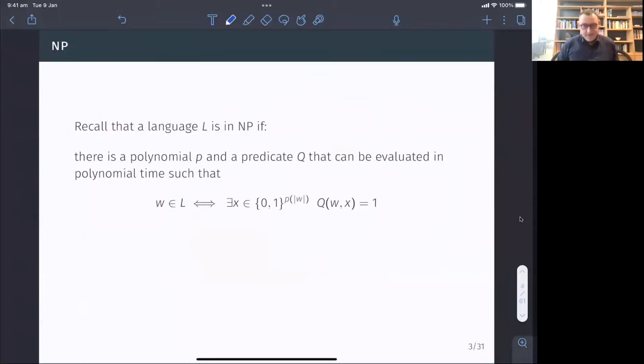That's where I was. So let me begin with some complexity theory. Recall that a language, this may not be the definition of NP that you're used to, but bear with me.